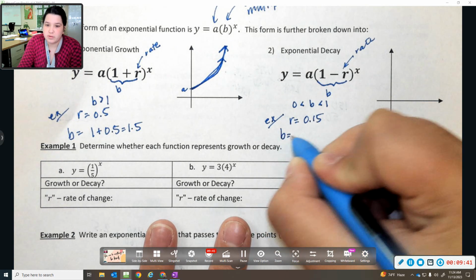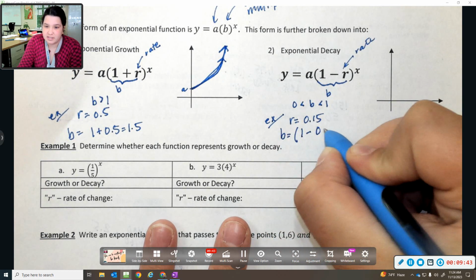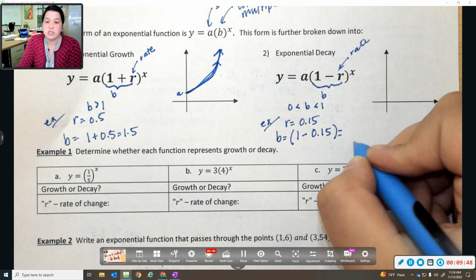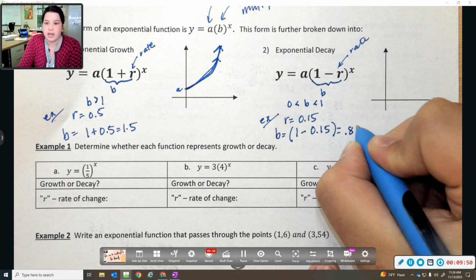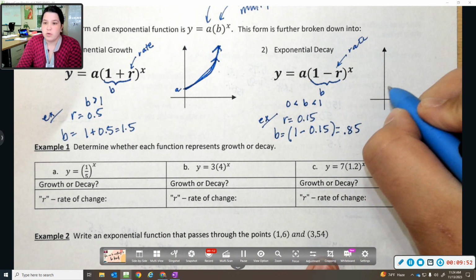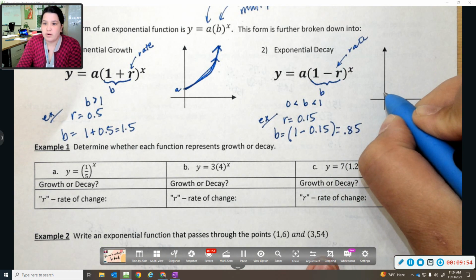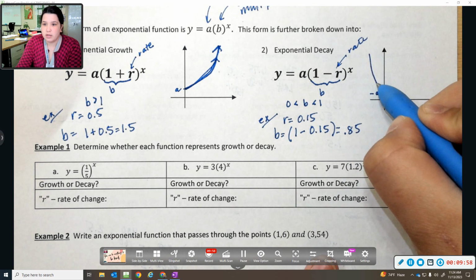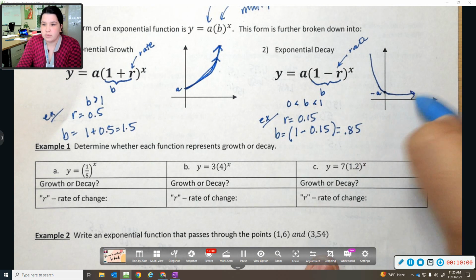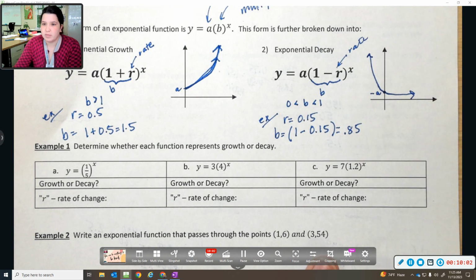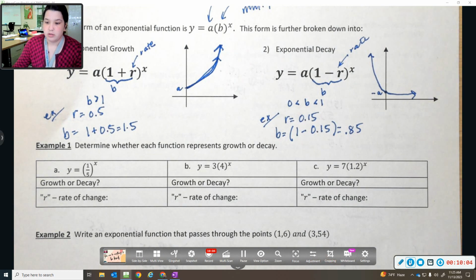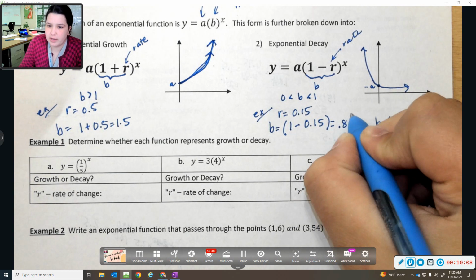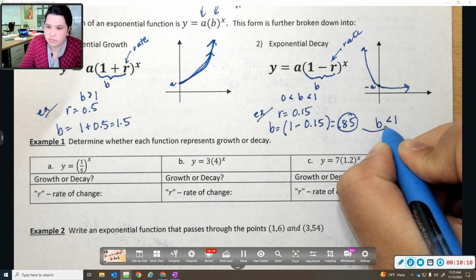Again, our b is going to be equal to 1 minus 0.15 because it's decay. It should be minus. So then this is just going to be equal to 0.85. So then if our a is right here, this would be coming down. It's going to be going down from left to right. So now we're talking about a b that is less than 1.